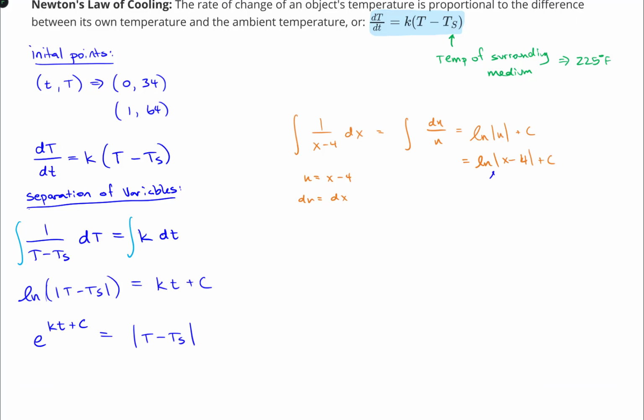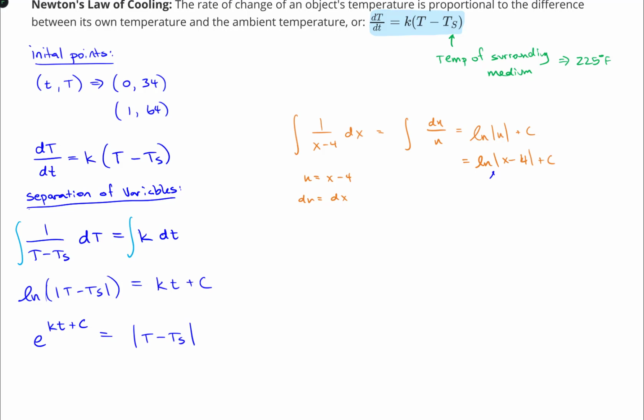Then at this point, we can actually try and decide if the absolute value even makes sense at all. So the thing is, for this expression to be negative, the temperature of the pork would actually have to be less than the surrounding medium, which it absolutely is.